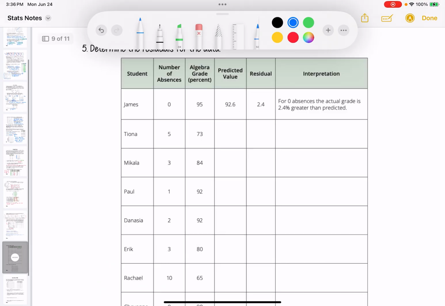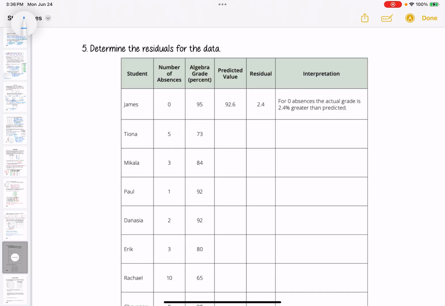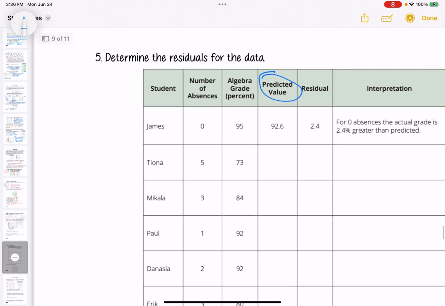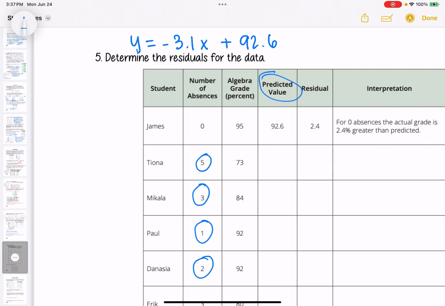Now we're going to fill out this big residual table on the back. First we're going to find our predicted value, so that's when we're plugging it into our equation. Our equation was y equals negative 3.1x plus 92.6. I'm taking these numbers and plugging them in for x.